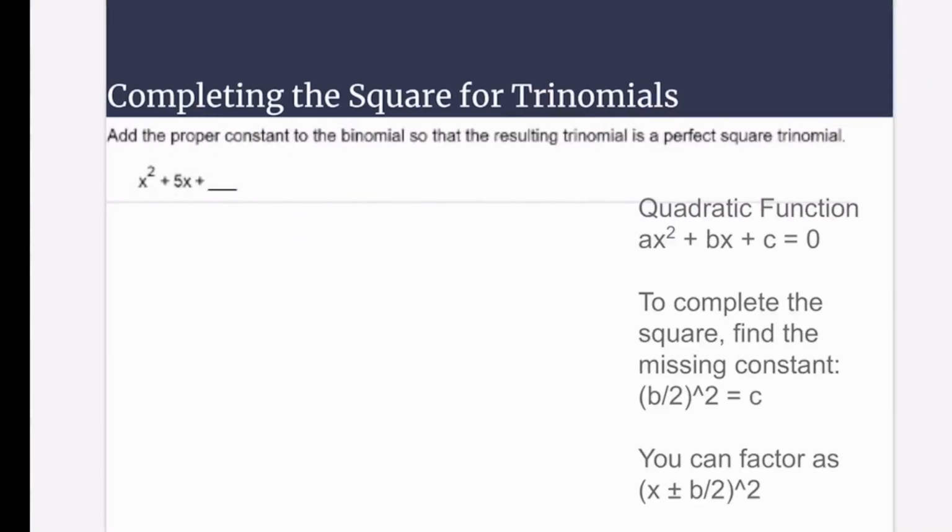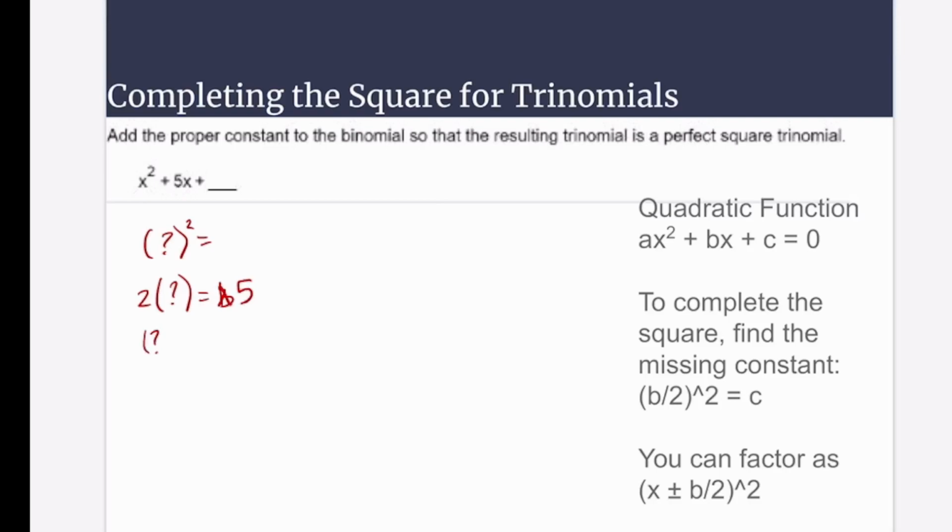So same thing, we have a trinomial. We're looking for the constant to add. So in this case, again, we're looking for a number, we don't know what that is, that we're going to square, and then 2 times whatever that number is has to give us b, or in this case, 5.